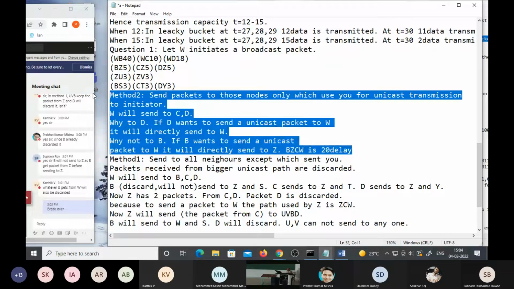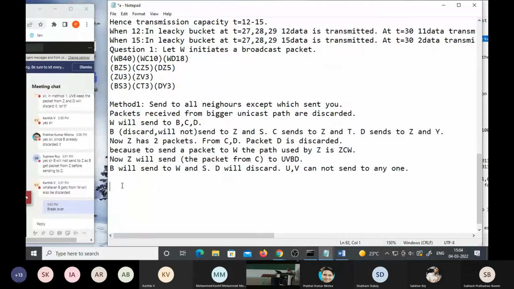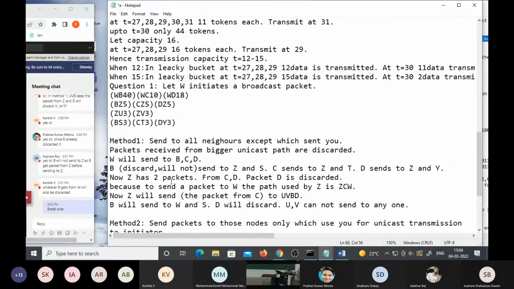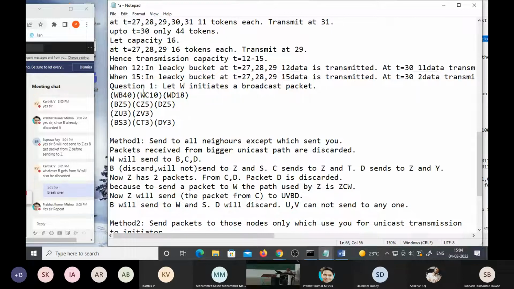Forget about method 2. Method 2 we shall do a little later. Let us first of all correct the mistakes in method 1 which we did at that time. In method 1, I have told W will send to B, C, D, no doubt about it. And then I wrote that B, C, D will send to Z. B will send to Z and S, C will send to Z and T. As far as C and D are concerned, it is correct, but as far as B is concerned, it is wrong.